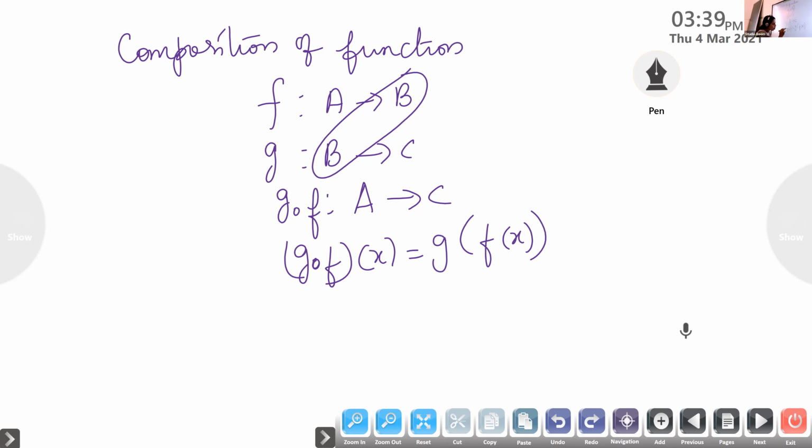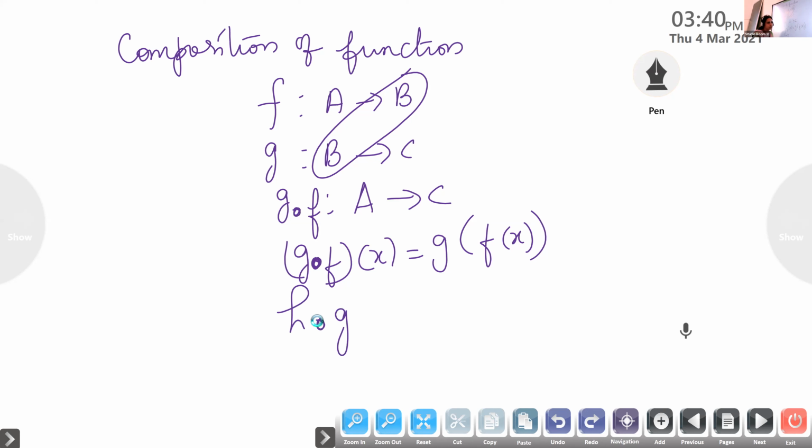This small circle we write in between, we read it as g composition f. We read this small circle as composition. g composition f. h composition g.